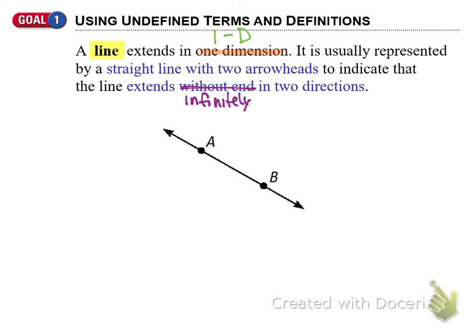So it's one-dimensional, it's got a length, and it's a straight line with two arrowheads that extends infinitely in two directions.